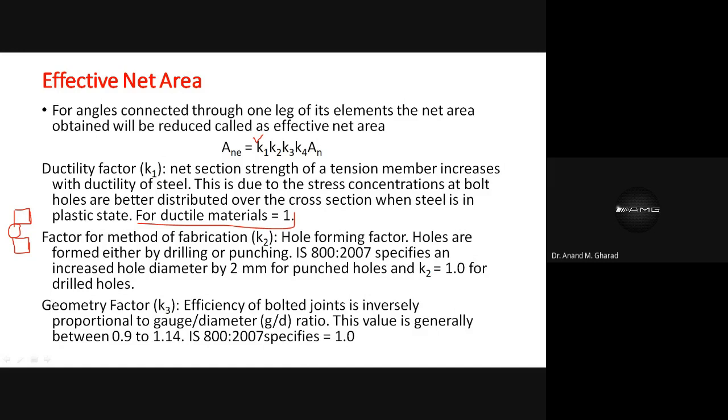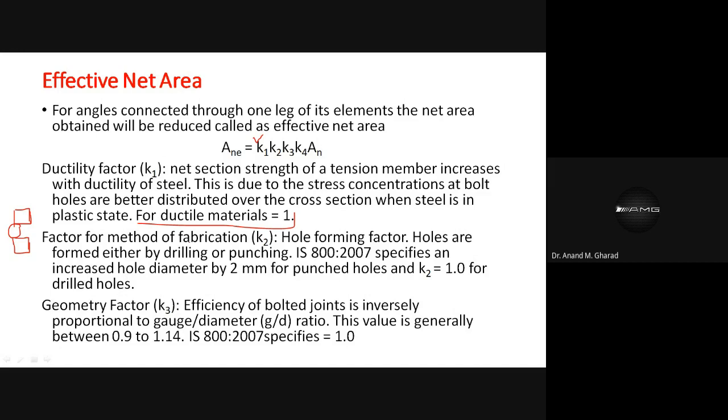Second is the K2 factor. This is known as the factor for method of fabrication. Depending on the type of process of fabrication, the hole formation may be drilled, it may be flame cut. So depending on all these fabrication methods, the IS code has provided this K2 value.